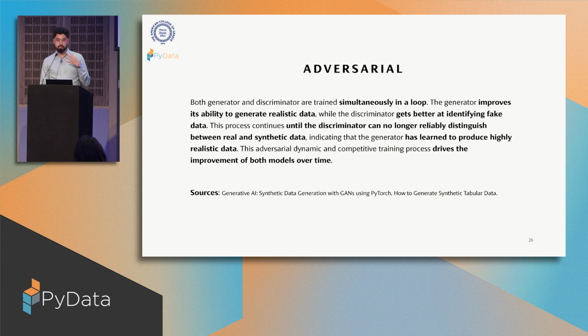The generator improves at generating realistic data, while the discriminator gets better at identifying which are fake or real. At some point they are so well trained that the generator has learned to produce highly realistic data, because the discriminator can't tell, it's 50% whether it's real or fake.